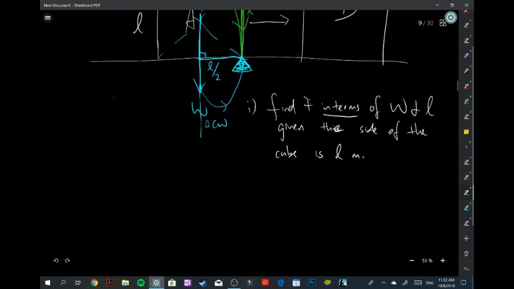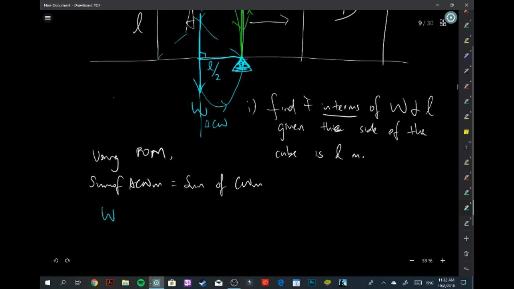So I'm just going to write here using principle of moment. Same thing, sum of anti-clockwise moment equals to the sum of clockwise moments. Anti-clockwise moment is in blue.